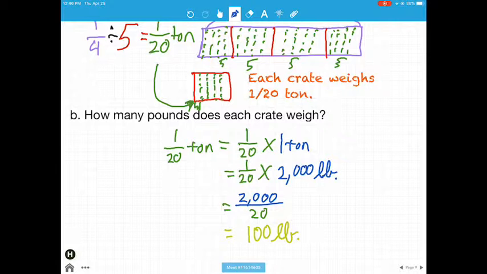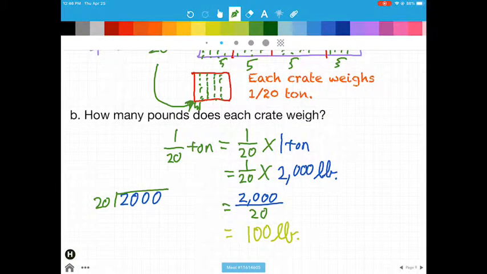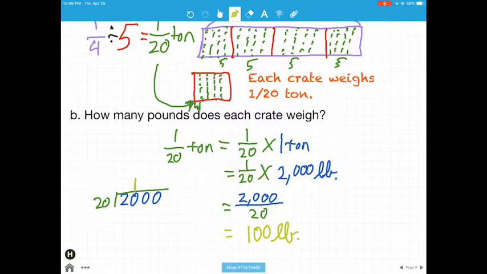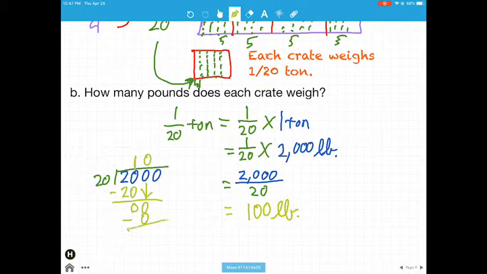Let's make sure you understand. 2,000 divided by 20, that's one time here. Subtract that 20. I get 0 here. 0 divided by 20 is 0. Subtract the 0. I get another 0. Bring that 0 down. 0 divided by 20 is 0. And there's my 100.